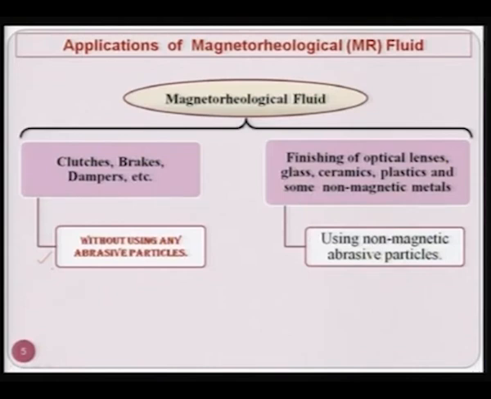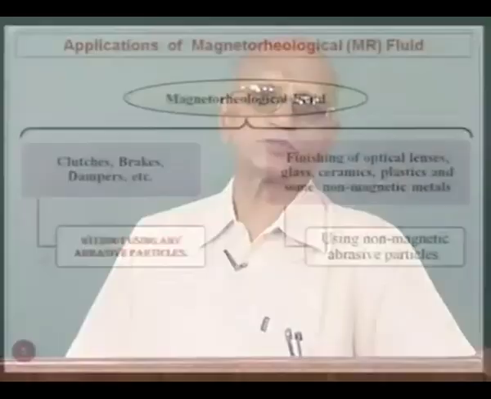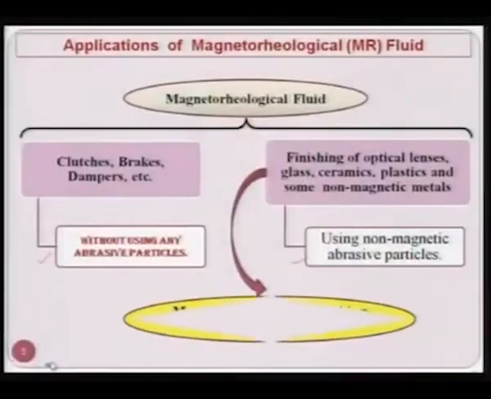Now, an important point here is that this fluid is using non-magnetic abrasive particles. These particles include alumina Al2O3, silicon carbide SiC, and it can be diamond particles also.